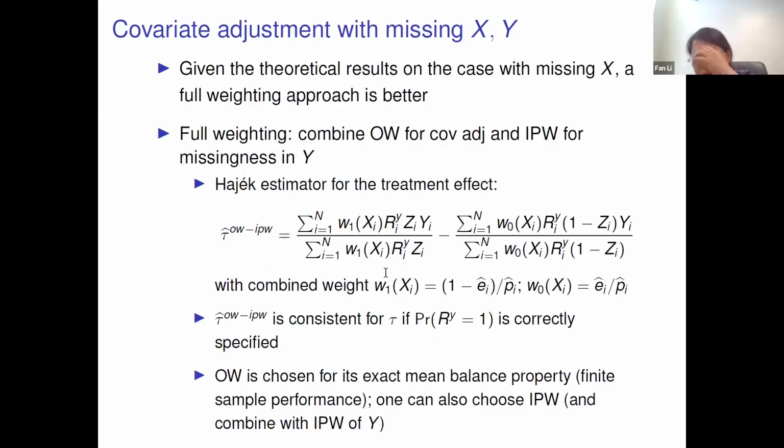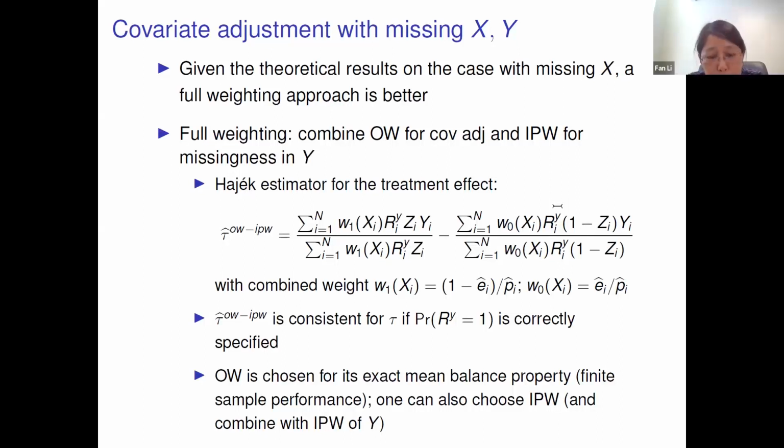But the interesting thing is, in the finite-sample simulation we did, we find that this is not too important; it is relatively easy to satisfy. So after all this long detour, I proposed a full weighting scheme to do covariate adjustment when you have missingness both in covariates and in the outcome.